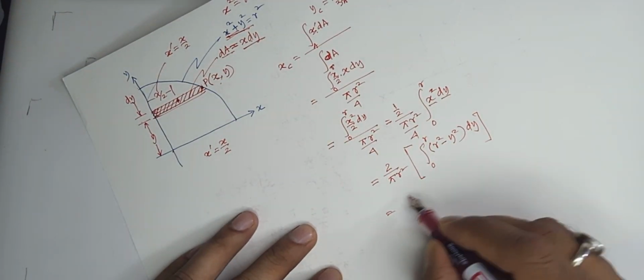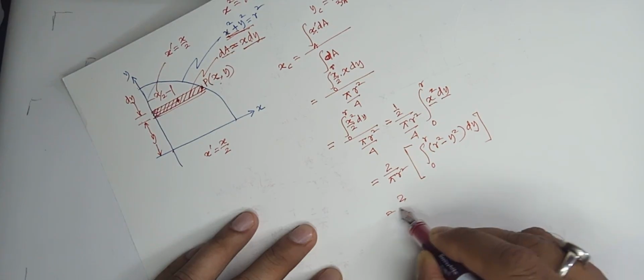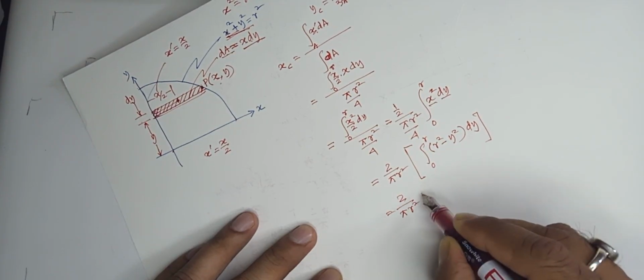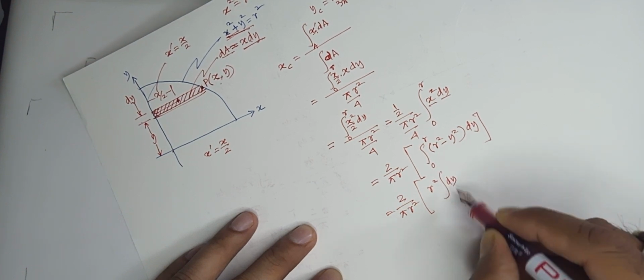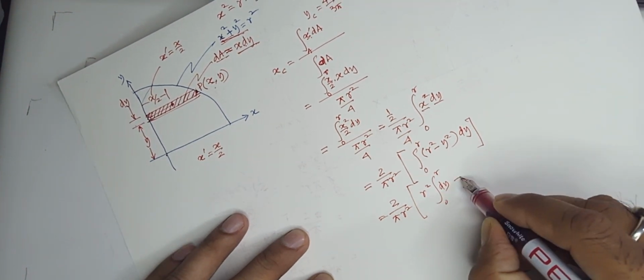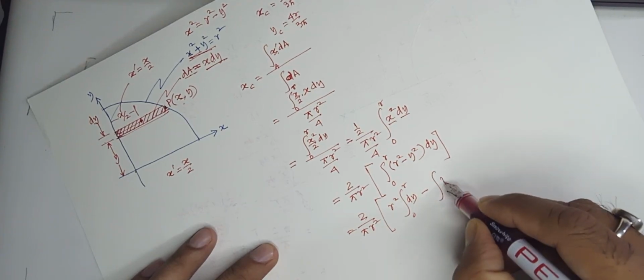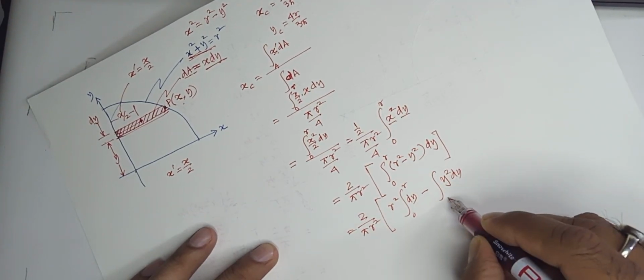Now r is constant. So r square dy from 0 to r, minus y square dy from 0 to r.